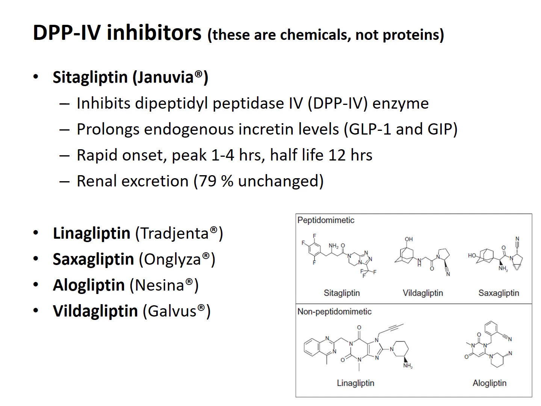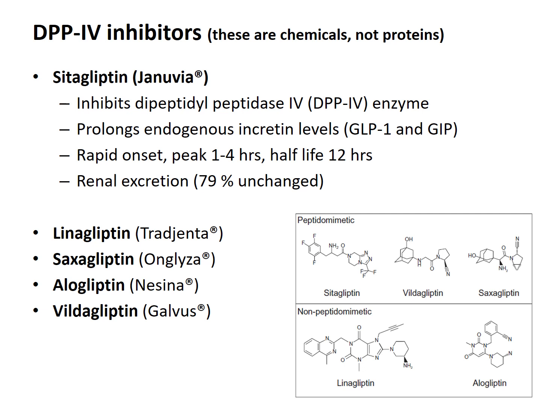DPP-4 inhibitors, Januvia, Onglyza, and some of the newer ones that are out there, these are drugs. They're not proteins. They're small molecule drugs. And what these drugs do is inhibit the breakdown of your endogenous incretins, right? So we make GLP-1. GLP-1 has a finite duration of action.